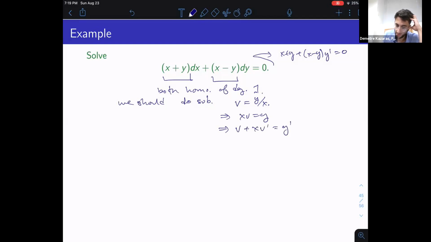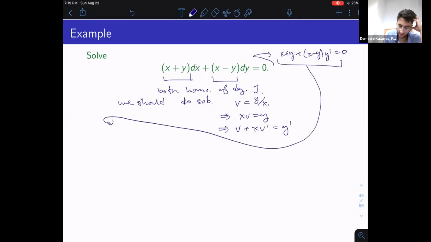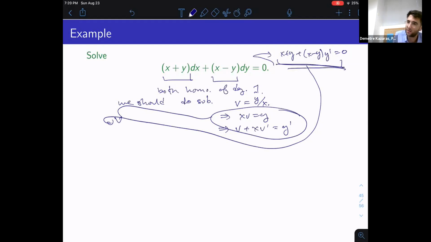So let's put these facts together to rewrite the equation only in terms of v and x. All right, so I'm looking at the differential equation here, and I'm just going to write it down, but replace all the y's with their corresponding v expressions.